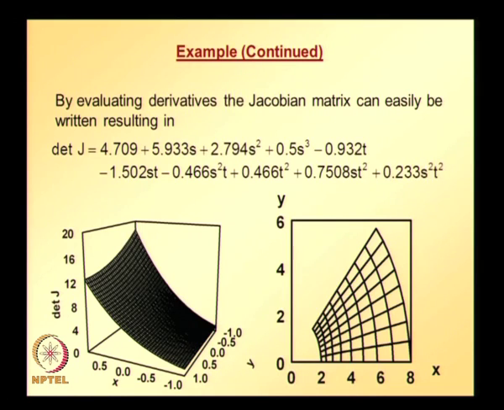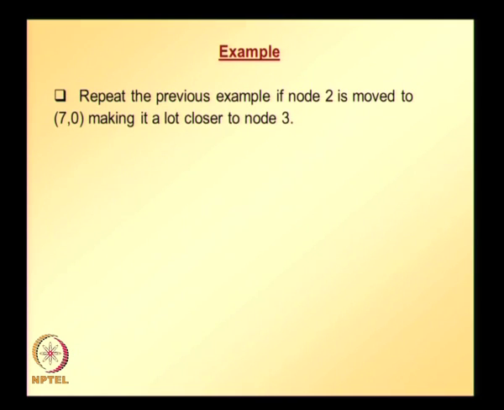So, now let us see what happens if we tweak this element a little bit. The next example is to repeat the previous example, but node 2 is moved to location 7 0, that is x coordinate is 7, y coordinate is 0, making node 2 closer to node 3.